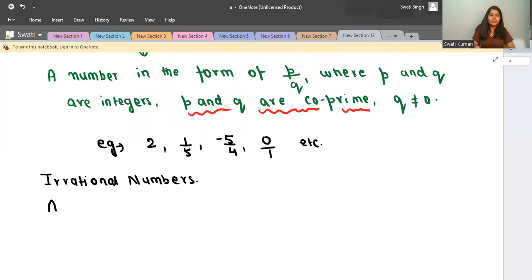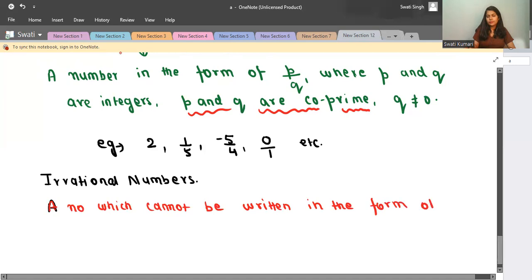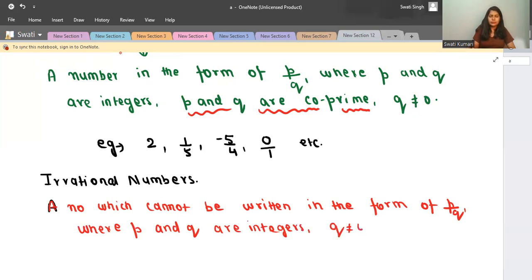All right, so yes, you can write down, a number which cannot be written in the form of P by Q, where of course P and Q are integers, and here you can directly write down Q is not equal to 0, right?